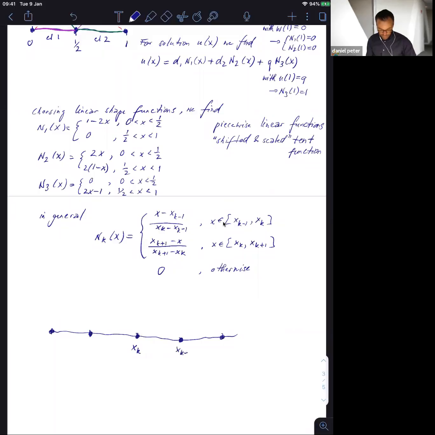This would be xk plus 1, this would be xk minus 1. And then this function would look like this, being 1 at xk and 0 on all the other nodes. So that's our tent function, basically.